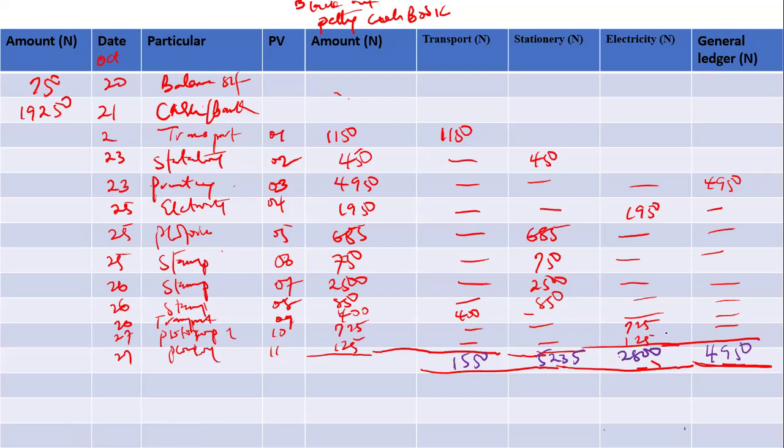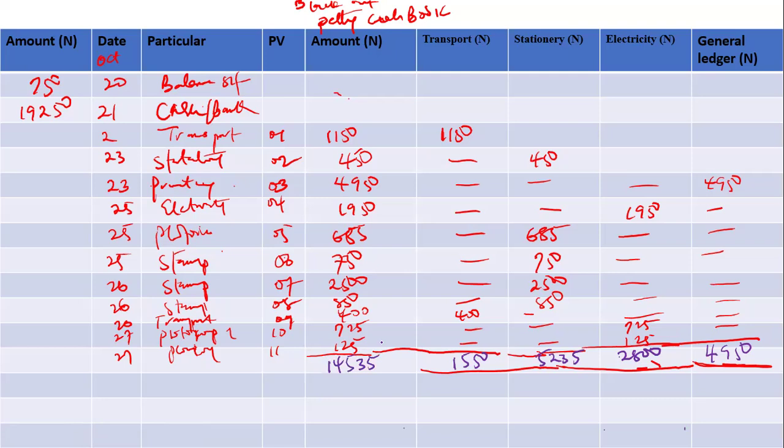So let's add 1550 plus 5235 plus 2800 plus 4950. That gives us 14,535. Now, this is where the reimbursement will come in. The total amount that has been spent is 14,535.